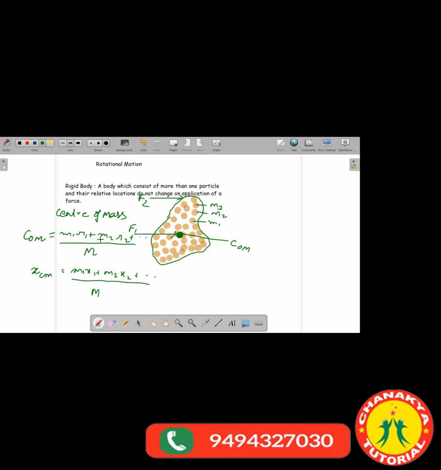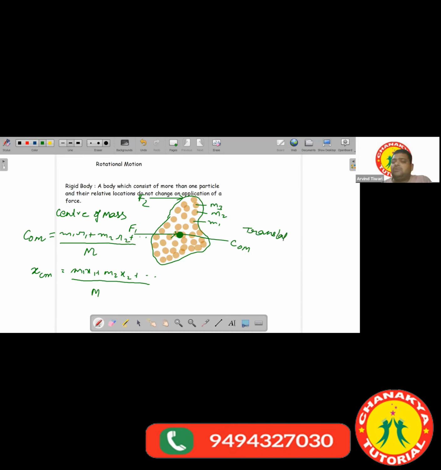No. What will be the difference? What difference are we expecting here? The force which acts in the line of the center of mass will provide it a translatory motion.